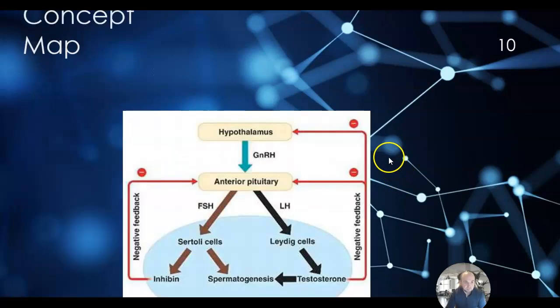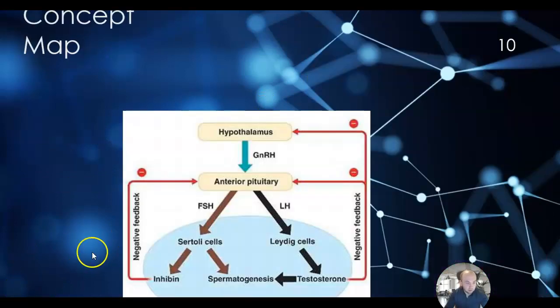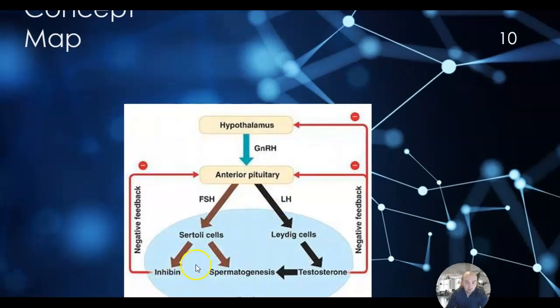So here's a concept map of what I basically just talked about. So you have your hypothalamus. It releases GnRH to your anterior pituitary. Your anterior pituitary releases FSH to the Sertoli cells and LH to the Leydig cells.